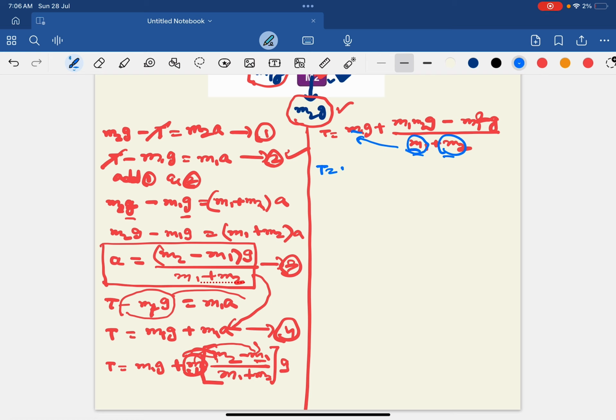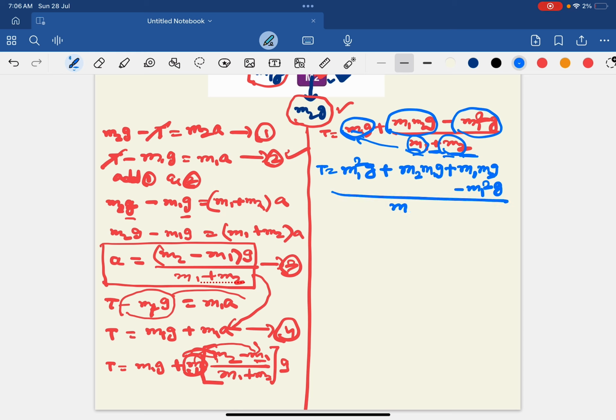T is equal to m1 square g, plus m2 m1 g, plus m1 m2 g, minus m1 square g, divided by the denominator m1 plus m2.